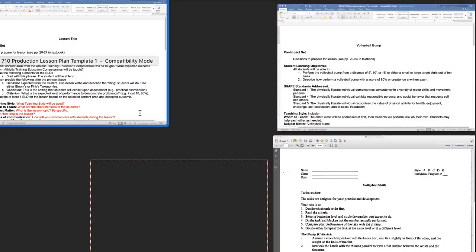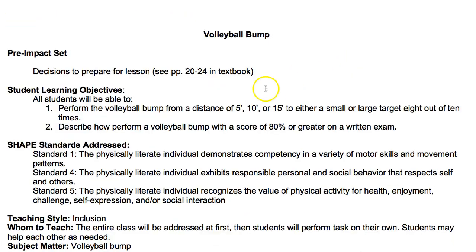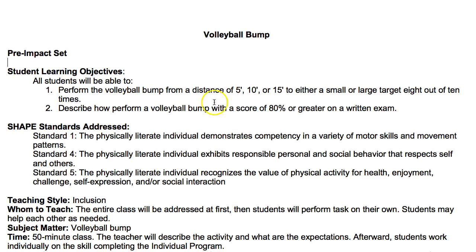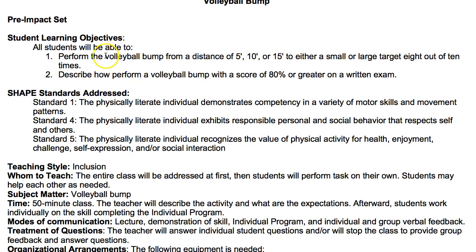Okay, so let's go to my example lesson. So I have given the lesson the title volleyball bump, and the pre-impact. I should get rid of that for this. Okay, the student learning objectives. All students will be able to perform the volleyball bump from a distance of 5 feet, 10 feet, or 15 feet to either a small or large target 8 out of 10 times.